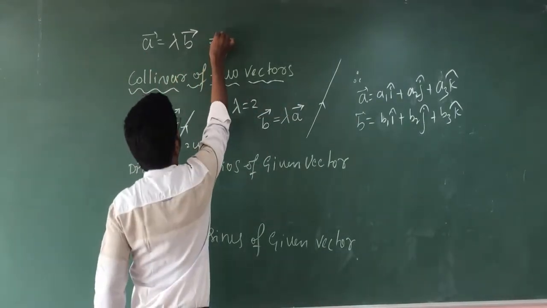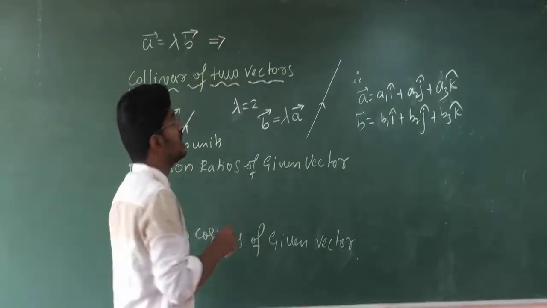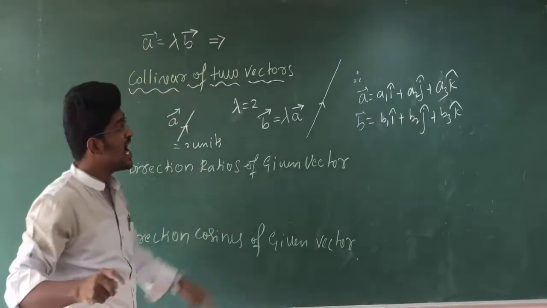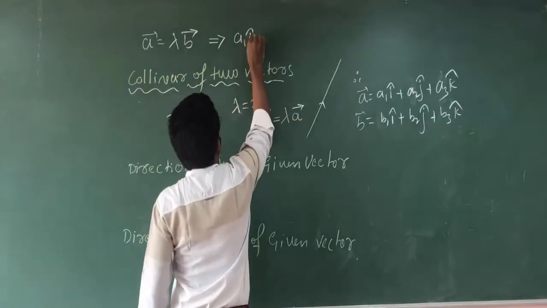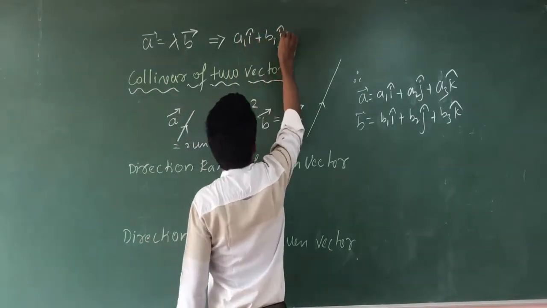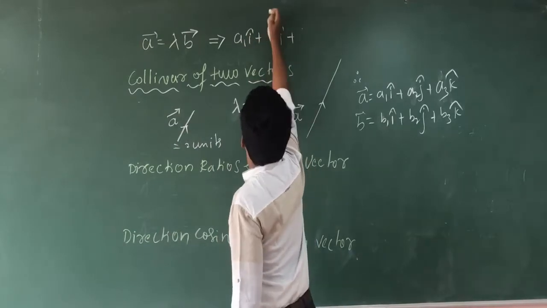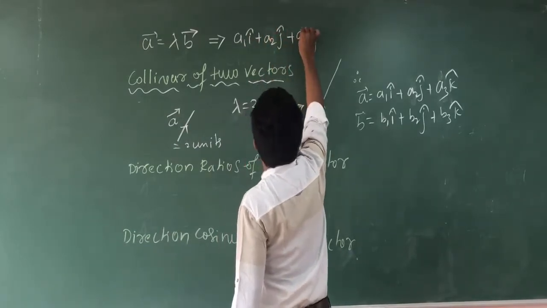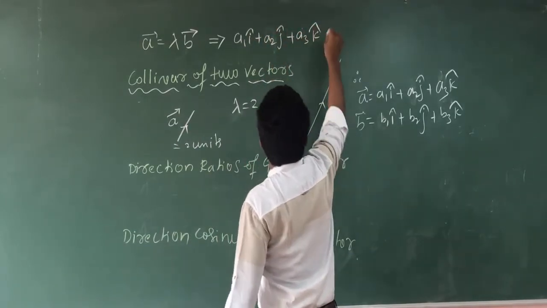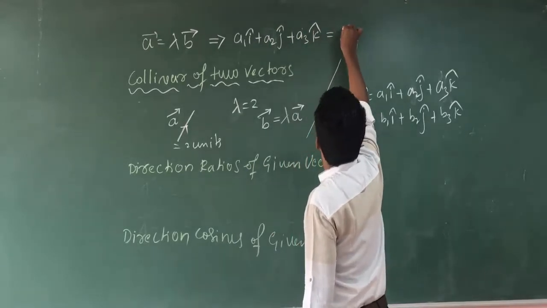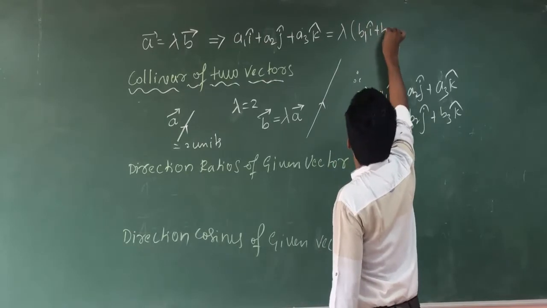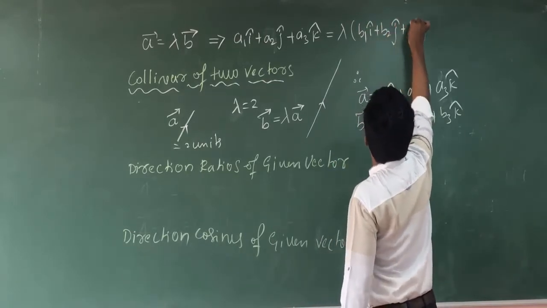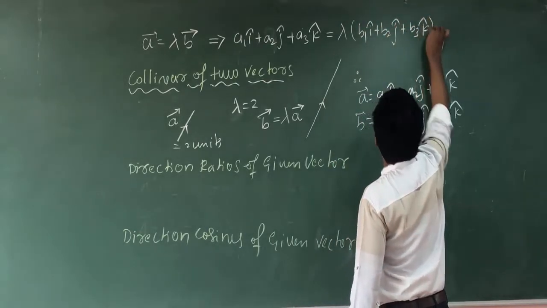What does it imply? See here. In the place of vector A, I will write the same vector A. What are you going to get? A1 i cap plus A2 j cap plus A3 k cap is equal to lambda times of B1 i cap plus B2 j cap plus B3 k cap.